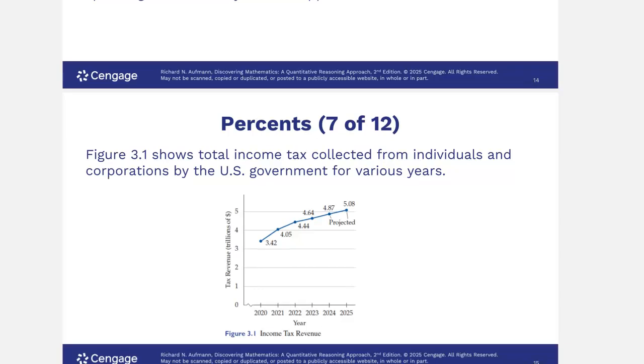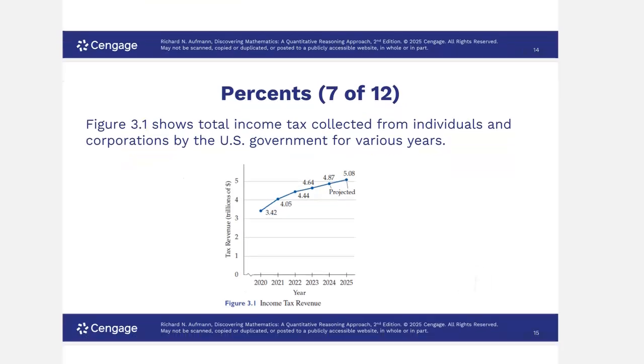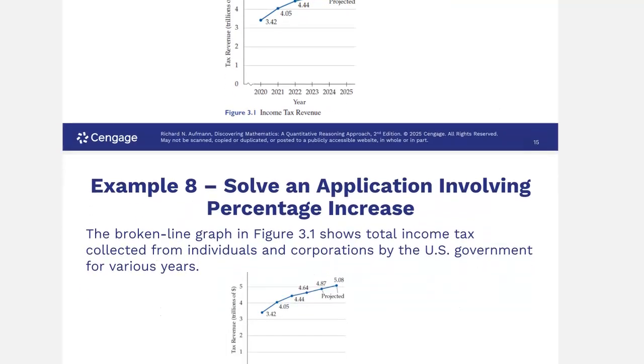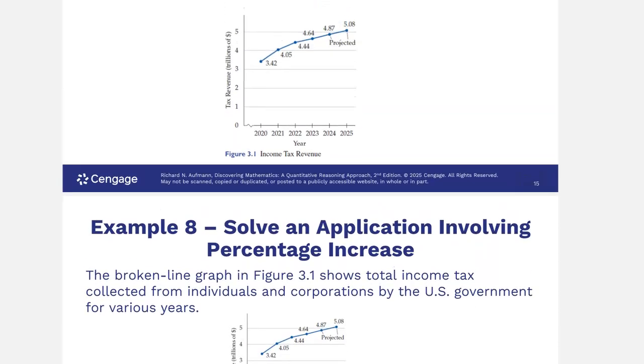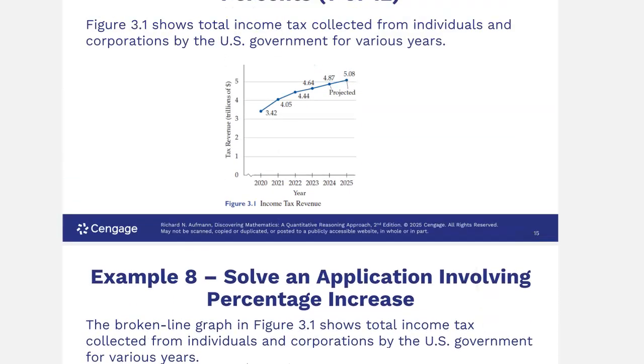So let's look at an example. So we've got this picture here. We've got years, and then we've got the tax revenue. And then here are the projected amounts for 2024 and 2025. It looks like that's the same picture as that one.